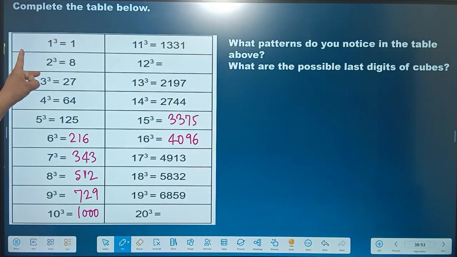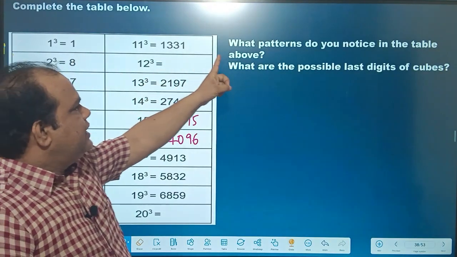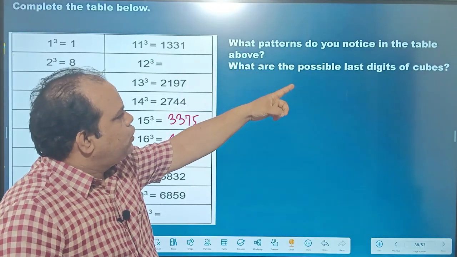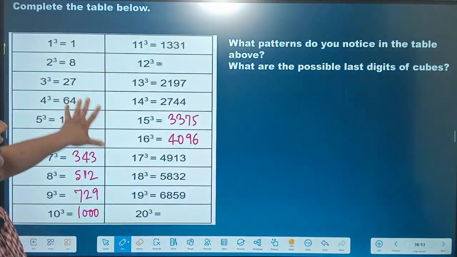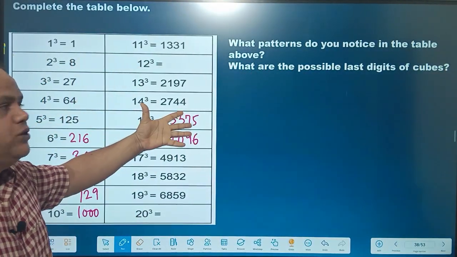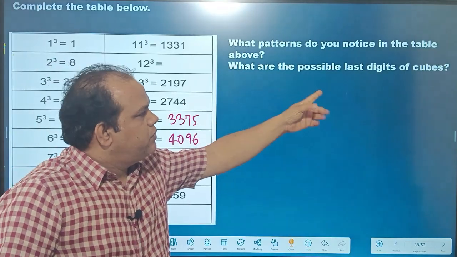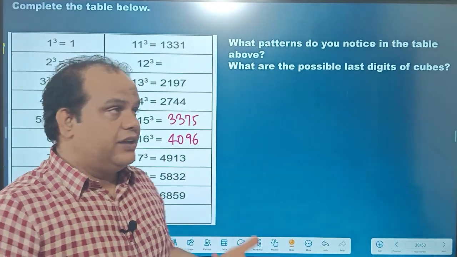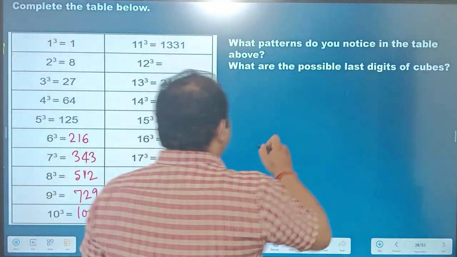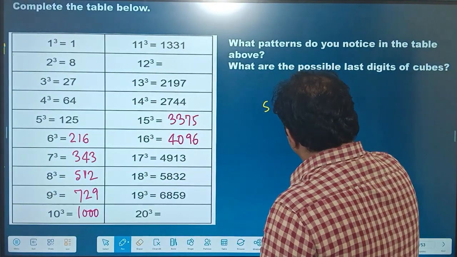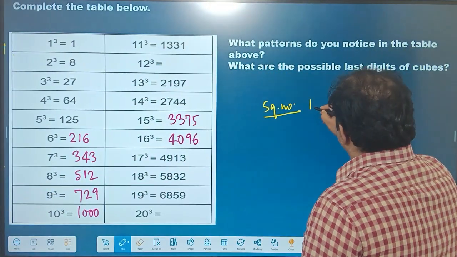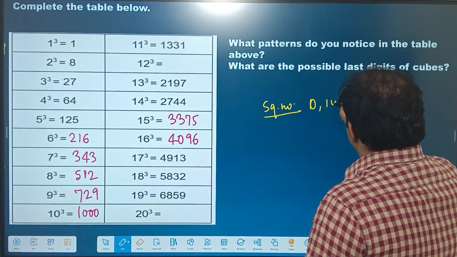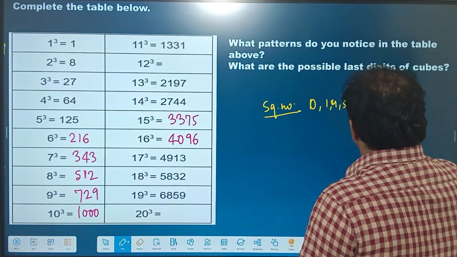Next. Now here it says complete the table below, and then it asks what patterns do you notice in the table above. In this table, what pattern, what observation do you have, and what are the possible last digits of cubes? Remember, when we studied square numbers, the last digits were 0, 1, 4, 5 and 9.